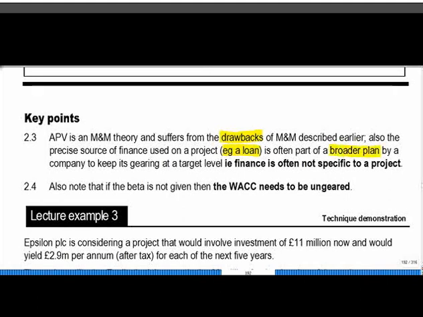Finally, you may come across the difficulty where you're trying to use APV, but you're not given a beta to ungear. And in that case, lecture example 3 shows you an approach that can be used.